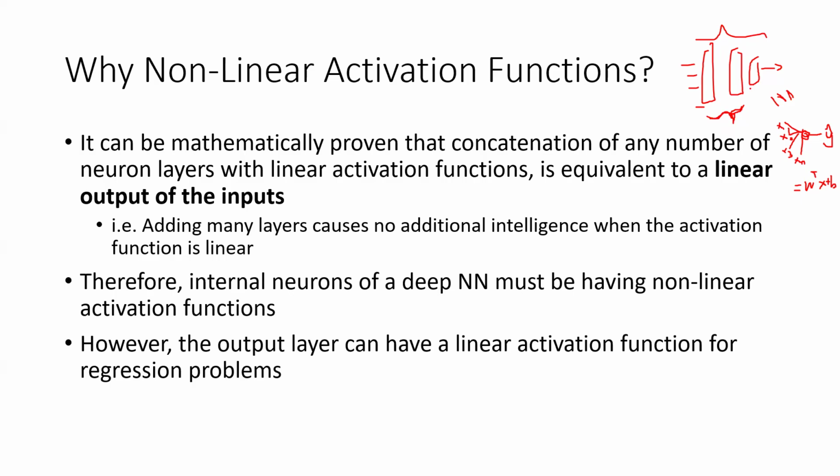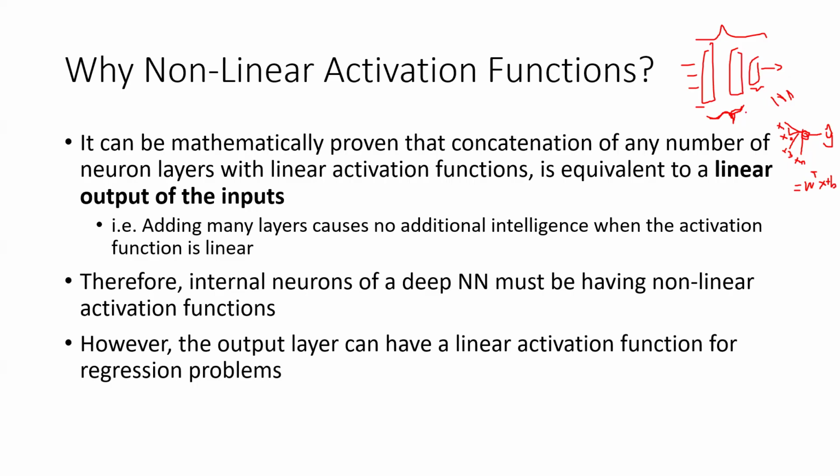For the output node, you can either use a nonlinear output or simply use the linear output as well, or you can use sigmoid activation as well, right? So you can use the linear output when you are using it for regression, right? You can use the sigmoid activation when you are using it for binary classification.